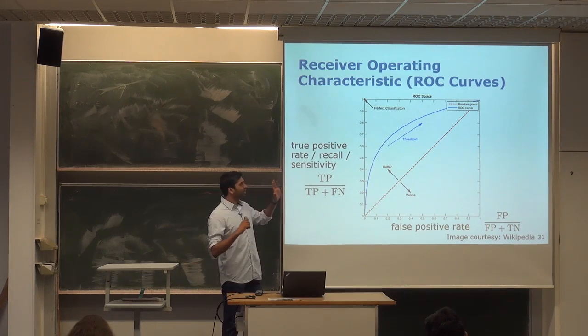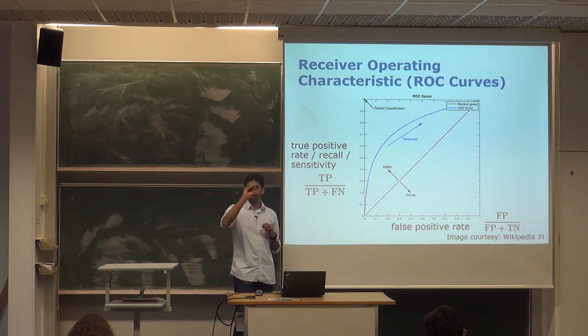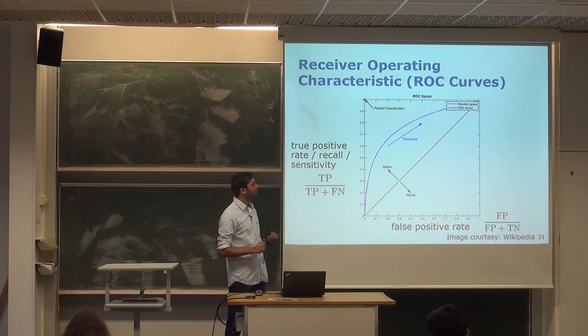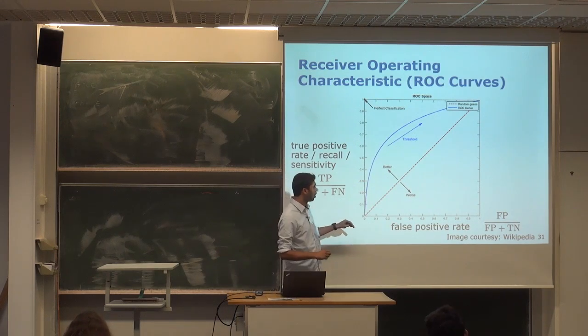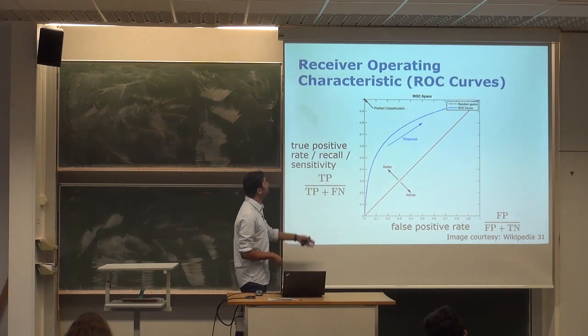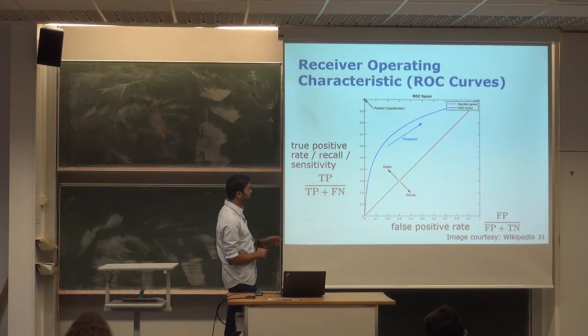This kind of summarizes some of the properties that you saw in the previous chart, this big chart that you had. So essentially what you do here is you make a plot of the false positive rates versus the true positive rates on the y-axis.